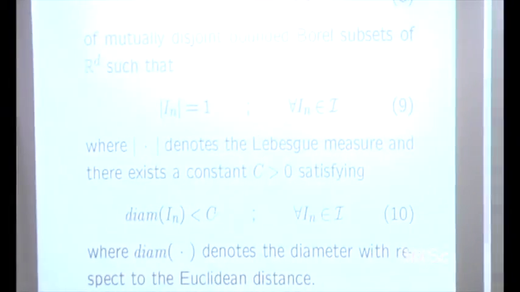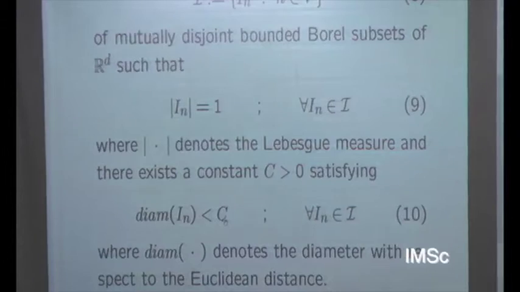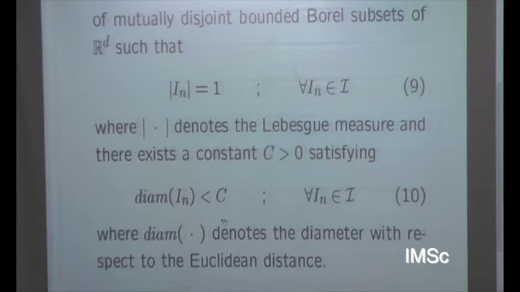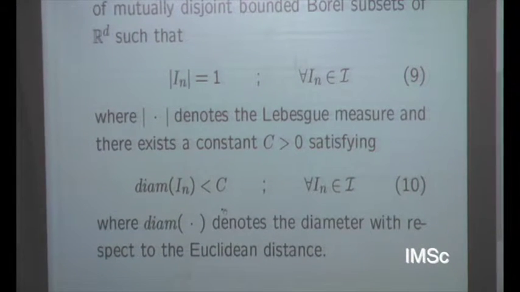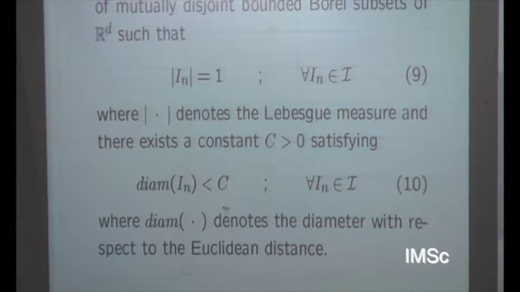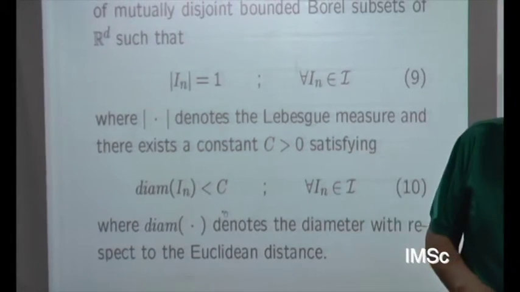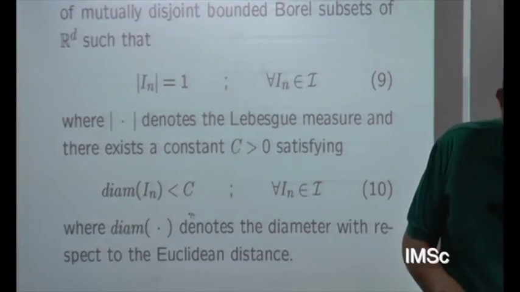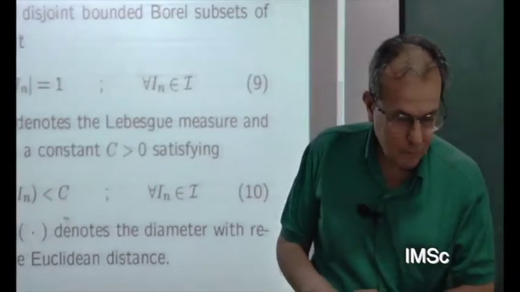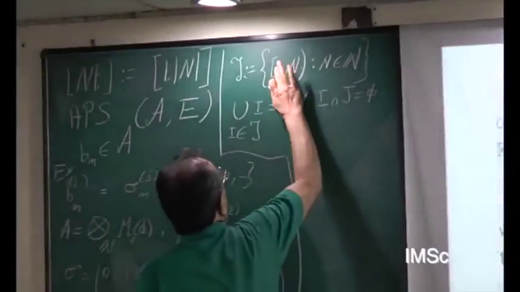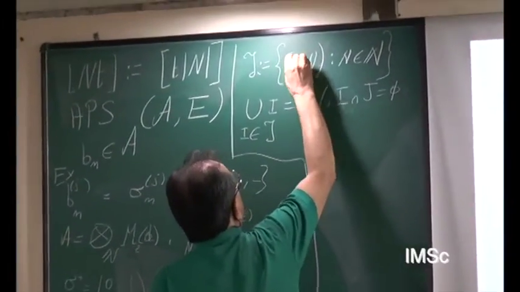Moreover, we want the diameter to be uniformly bounded for these sets I. So in some sense, let me take these sets.